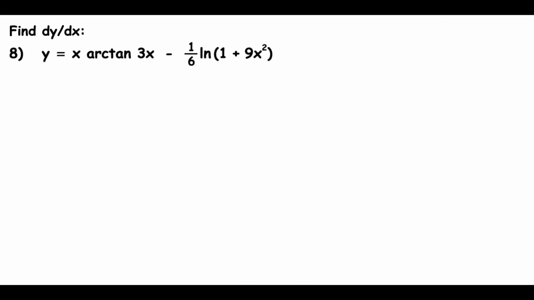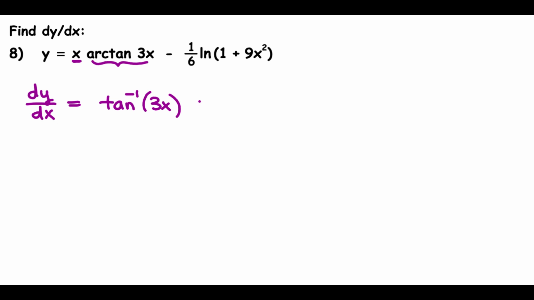All right, last example of this section, number 8. Find the derivative, dy dx. We start out with a product rule. Okay, so this will be the u, the x. The arctan of 3x will be the v. And then we've got some natural logs mixed in as well. So we've got inverse trig, we've got chain rules, product rules, we've got everything. Fantastic. All right, dy dx. U prime is 1, so u prime v will be 1 arctan of 3x.